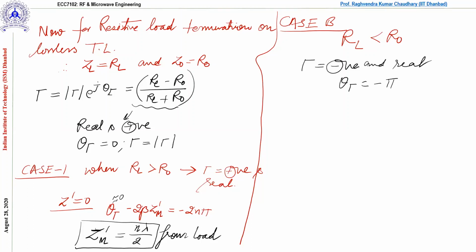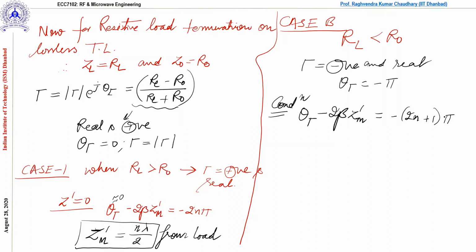It means we need to recall the second condition we have seen in our last discussion. The condition will be theta gamma minus 2 beta Z small m dash. Please take care, this is small m, because here we are getting the V min. It is equal to minus (2n plus 1) pi, where n is equal to 0, 1, 2, 3 like that. So this will be satisfied.